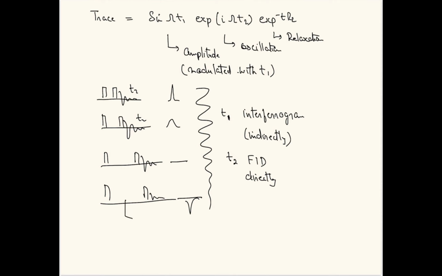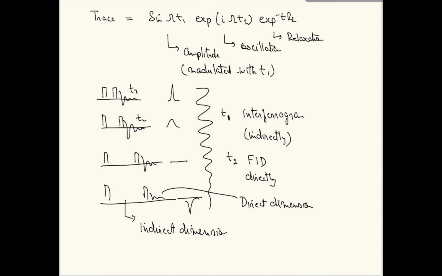So this dimension of the data is called the indirect dimension, and the t2 dimension is called the direct dimension. Now notice that I spin operators precess at the same frequency during t1 or t2, because your Hamiltonian during t1 or t2 is the same, right?